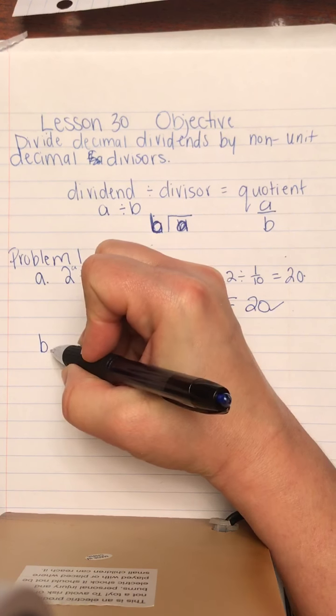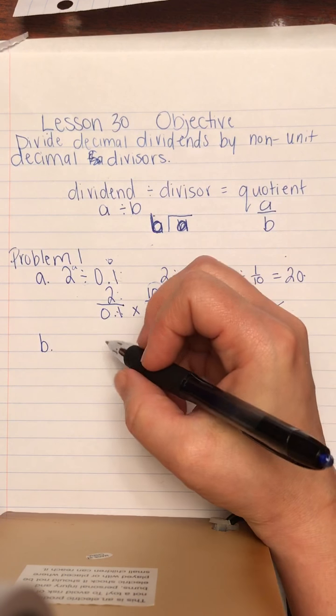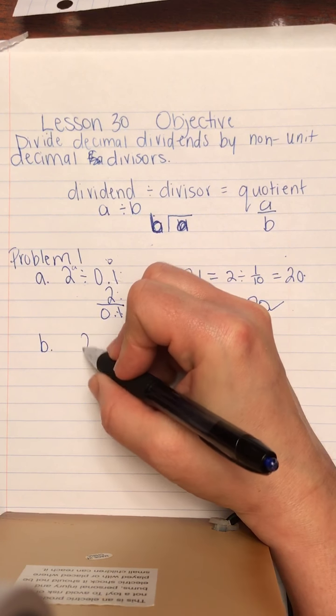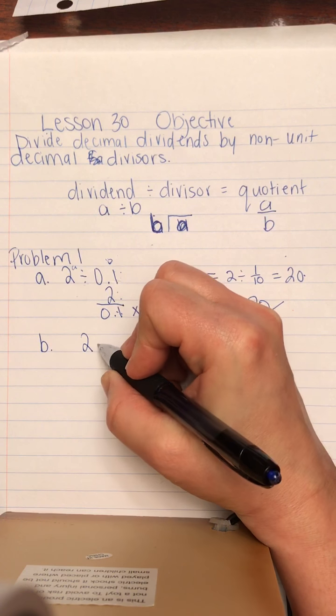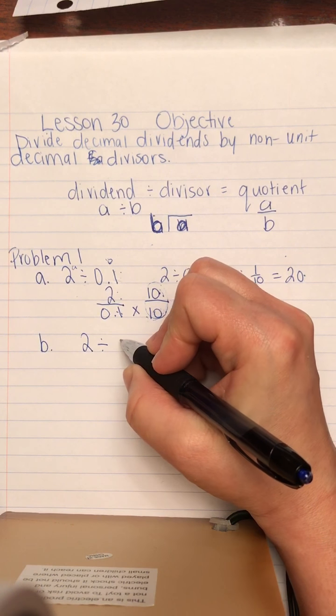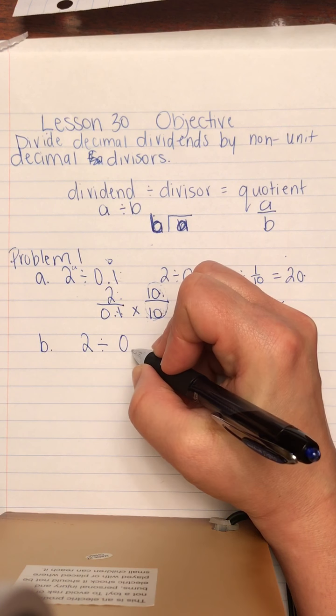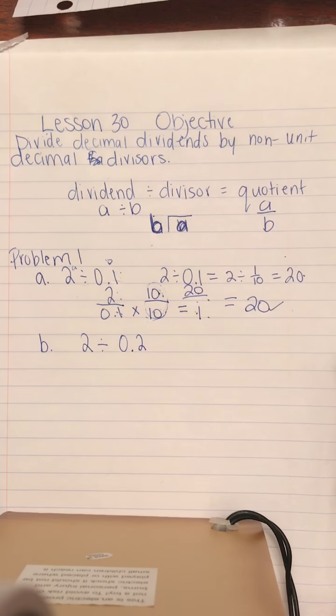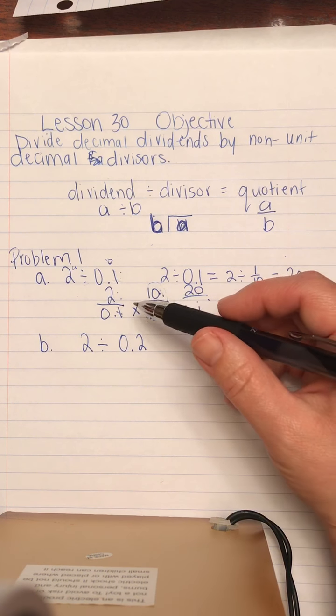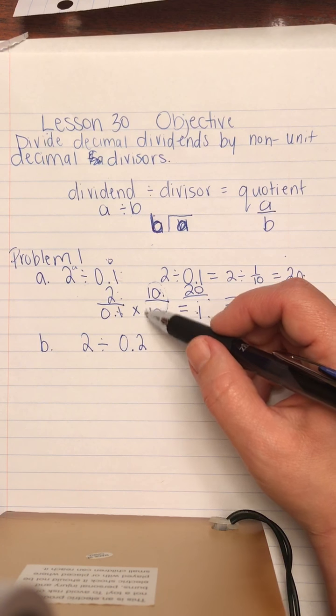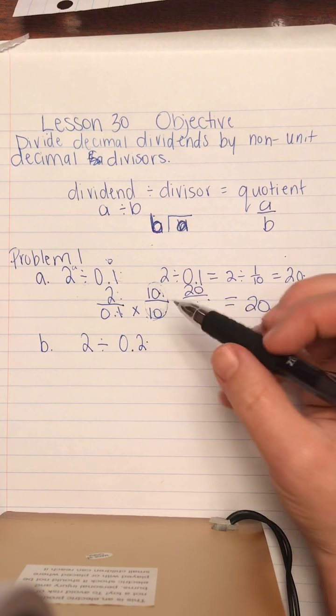So let's take a look here at letter B. Here I have my 2 again, but this time instead of that unit decimal, it's going to change to 2/10. All right, my job is still the same. I still want to rewrite this as a fraction.